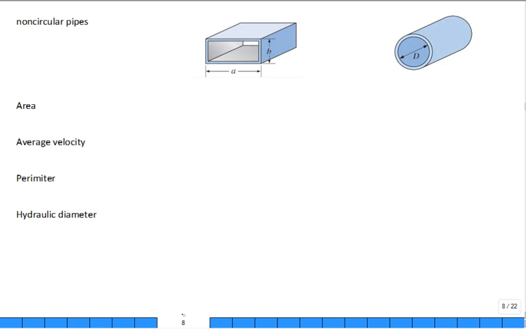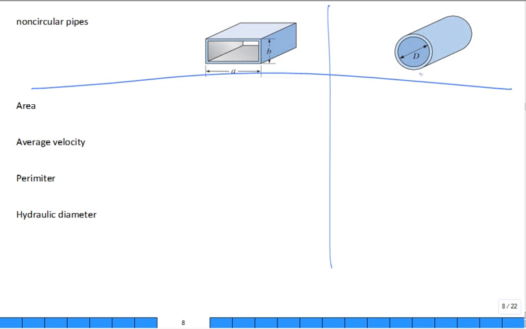What happens if you have flow in a non-circular pipe or duct? Well, you have these often. You have airflow in a rectangular duct. Well, what you do is you try and relate it back to something you're familiar with, flow in a pipe. So let's just talk about the area and compare the area of the pipe.